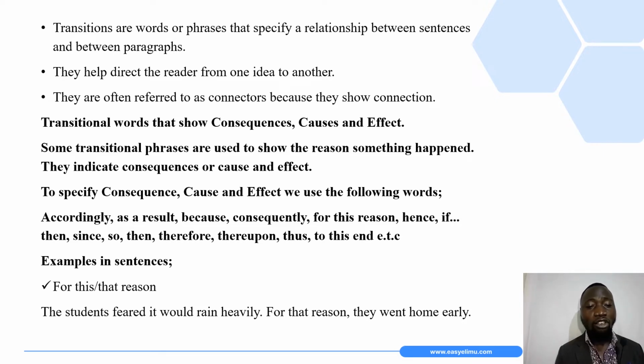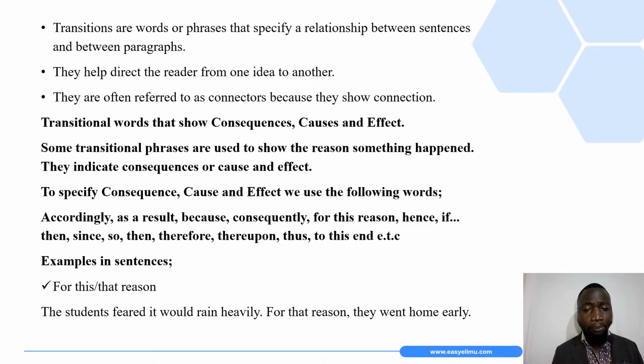To specify consequences, cause and effect, some of the transitional words that we can use are accordingly, as a result, because, consequently, for this reason, hence, if, then, since, so, then, therefore, thereupon. We also have thus, to this end, etcetera. Those are some of the words that are most commonly used to specify consequence, cause, and effect.